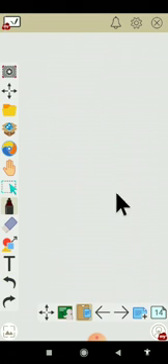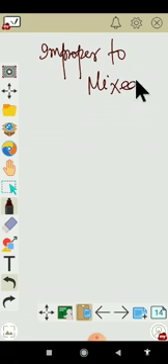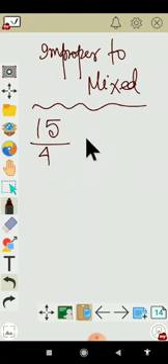Similarly, we can convert improper to mixed. How do you convert? Suppose you have 15 by 4. This is an improper fraction.